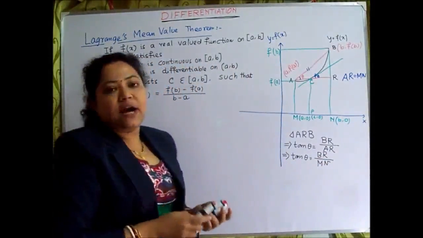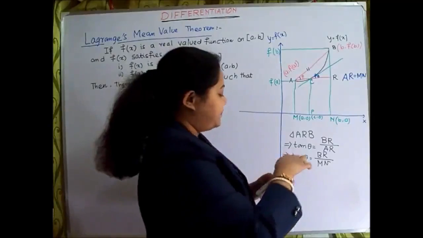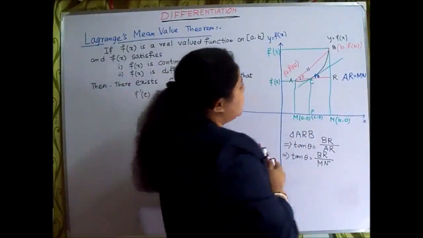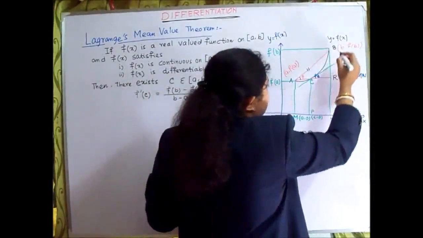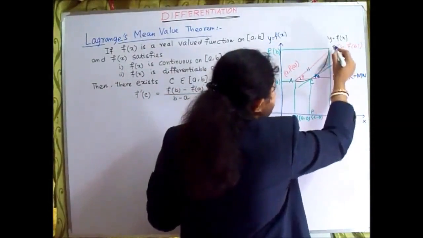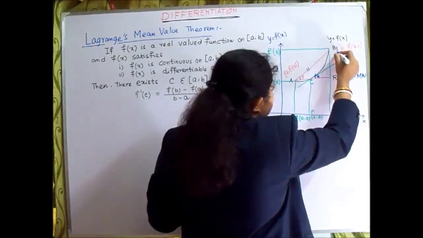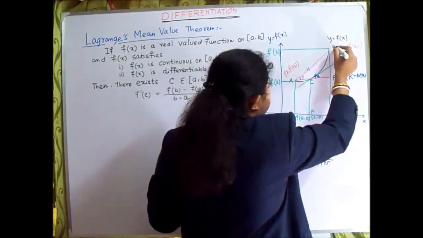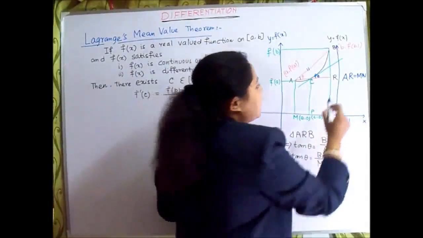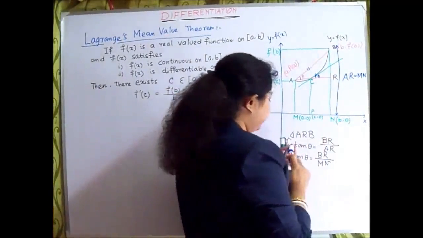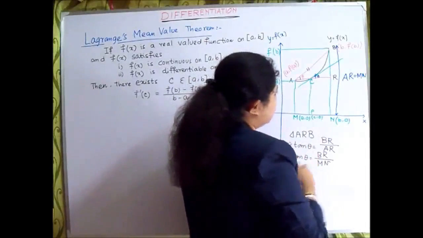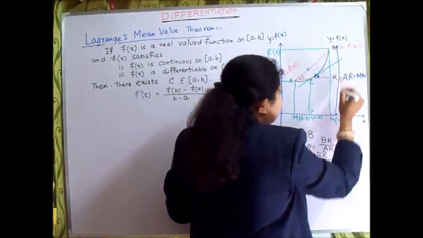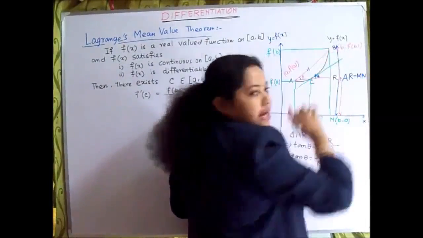Now look at this graph. What is BR? If we take BR, it is equal to simply BN minus RN.